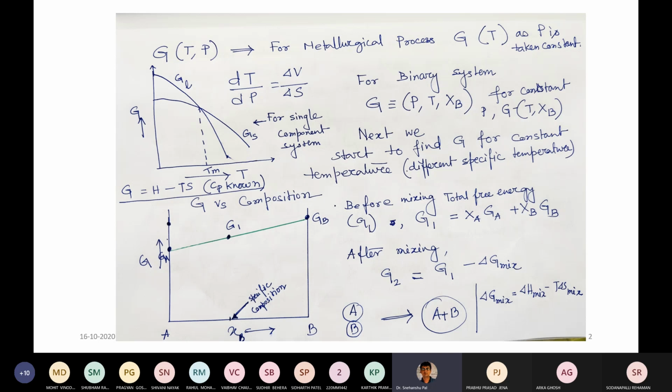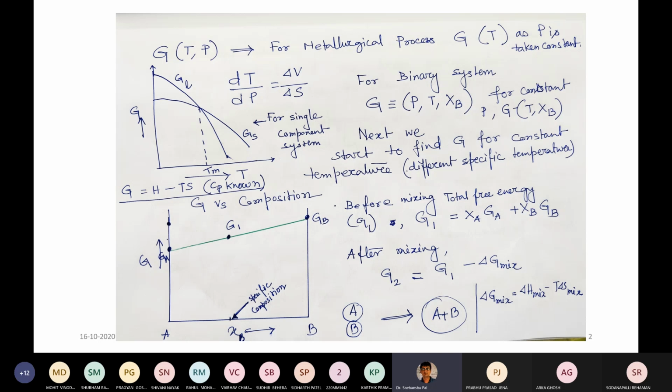But here the situation is different. Another thing is important, that is composition, the mixing process, how mixing is occurring. Suppose GA and GB are the molar free energies of pure A and pure B at a certain temperature and pressure. Then G1, the molar free energy before mixing, can be most conveniently represented using the rule of mixtures.